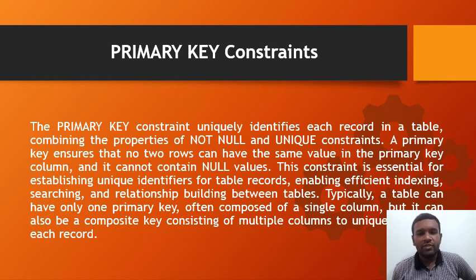This constraint is essential for establishing a unique identifier for table records, enabling efficient indexing, searching and relationship building between tables. Typically, a table can have only one primary key, often composed of a single column, but it can also be a composite key consisting of multiple columns to uniquely identify each record.